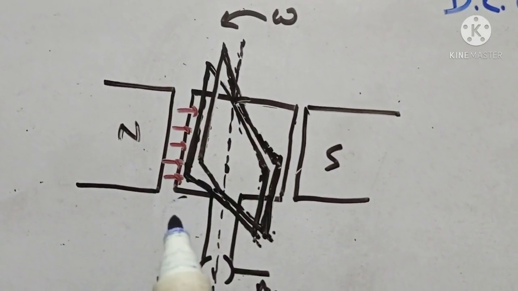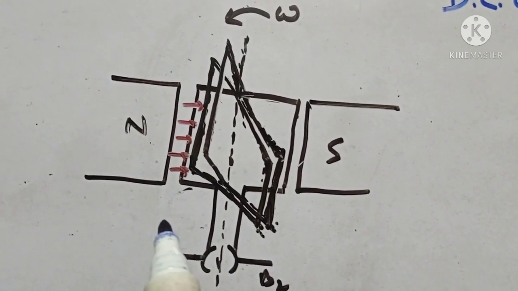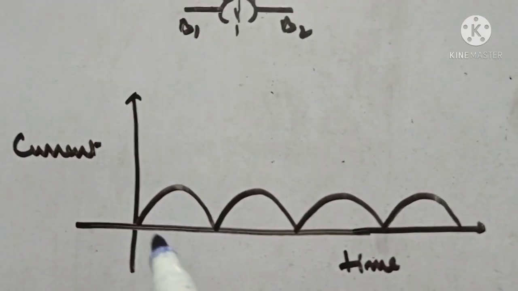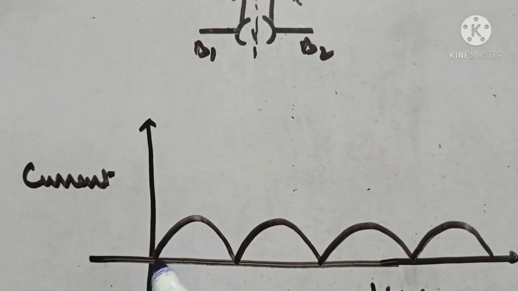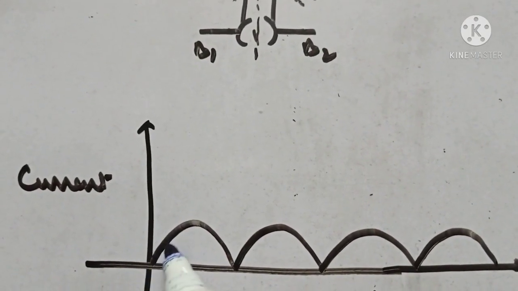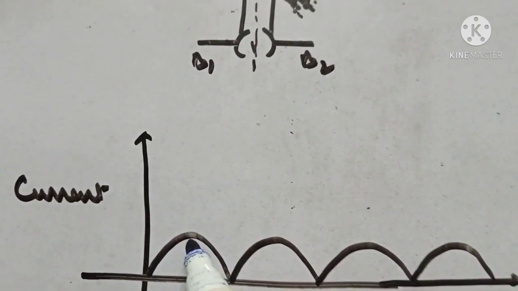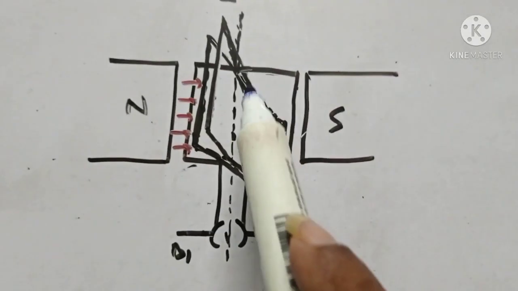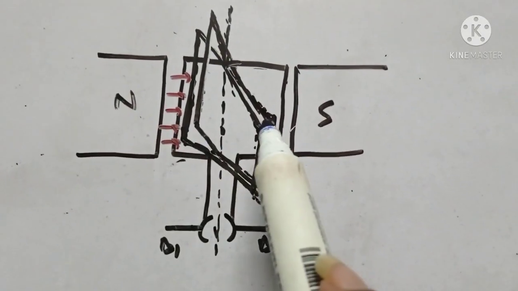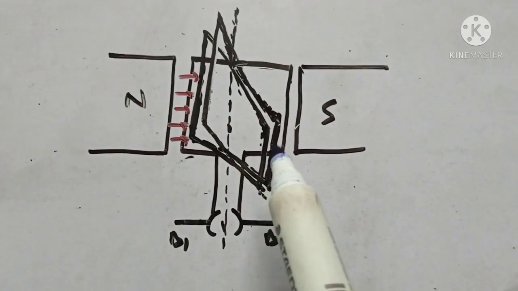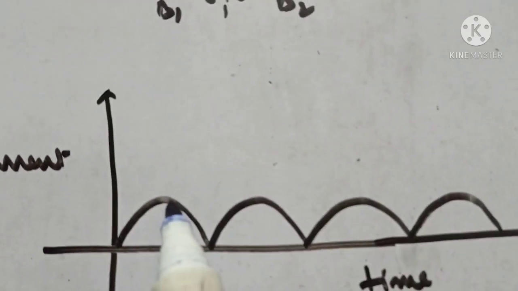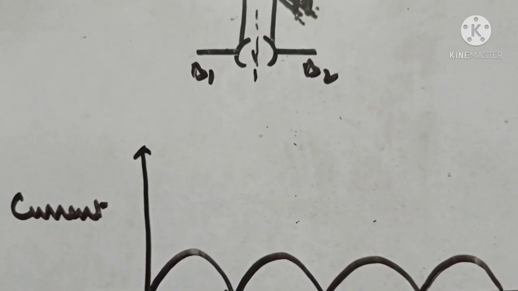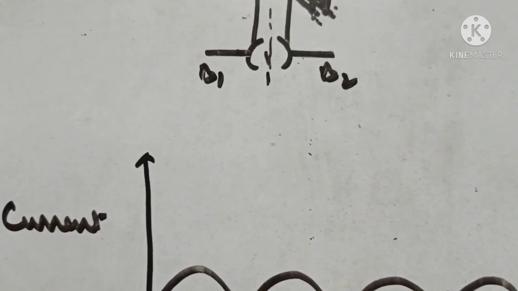As it starts rotating, the magnetic field starts increasing with respect to time, the induced EMF increases, and the flow of the current increases, and it reaches maximum when the coil is perpendicular to the magnetic field. When the coil is perpendicular to the magnetic field, the flow of the current becomes maximum, and again it starts decreasing.